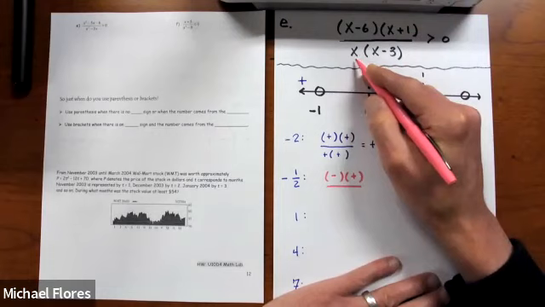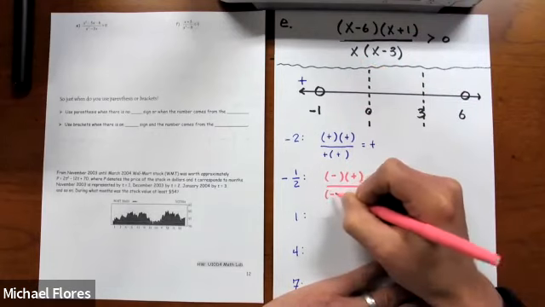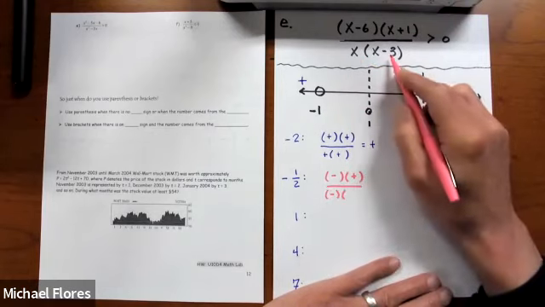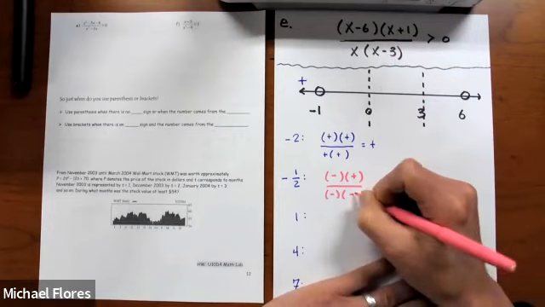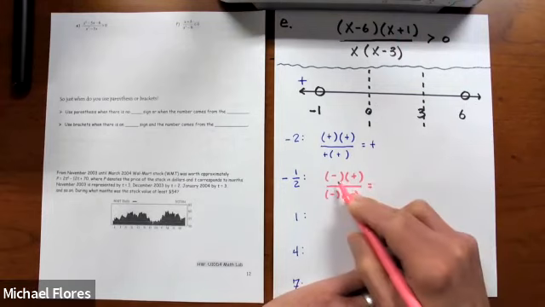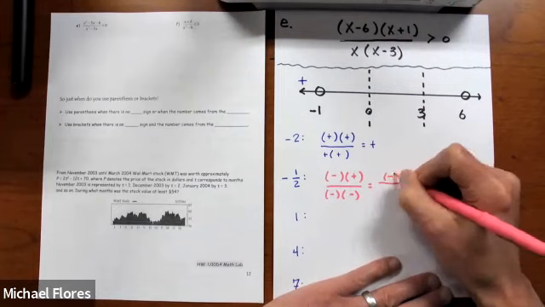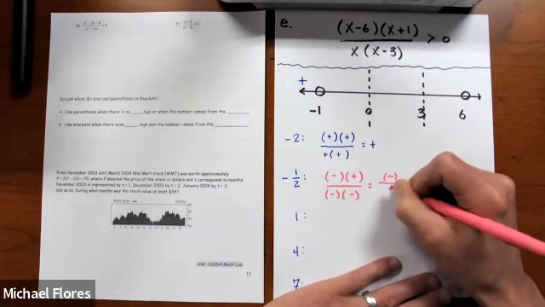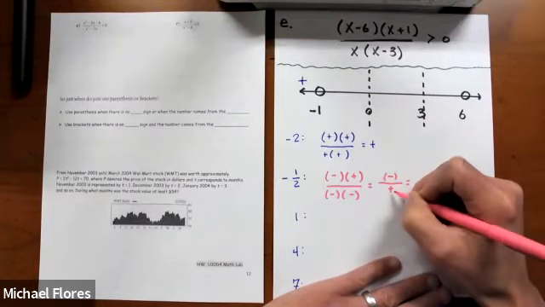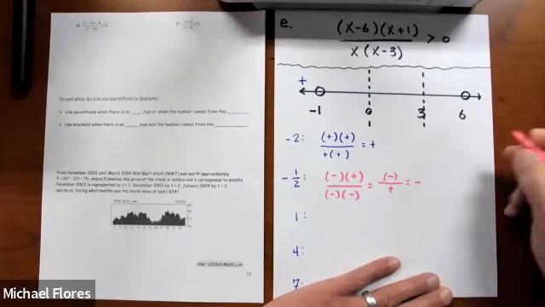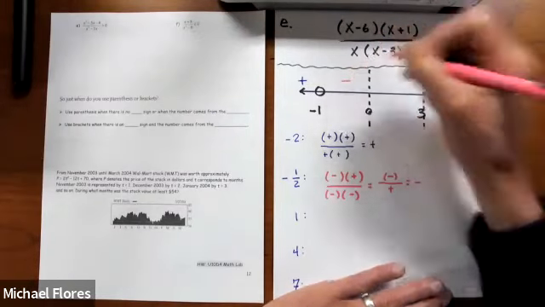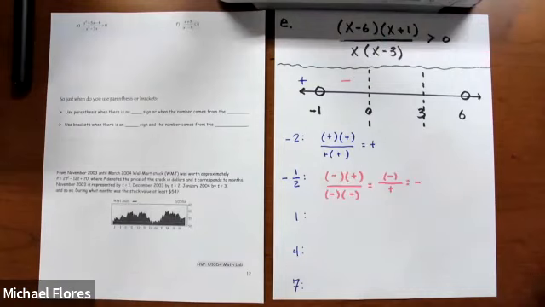Over -1/2, -1/2 minus 3 would still be a negative number. If we multiply this out, a negative times a positive is a negative, over a negative times a negative is a positive, and a negative divided by a positive number is a negative number. So everything in this range is going to be negative.